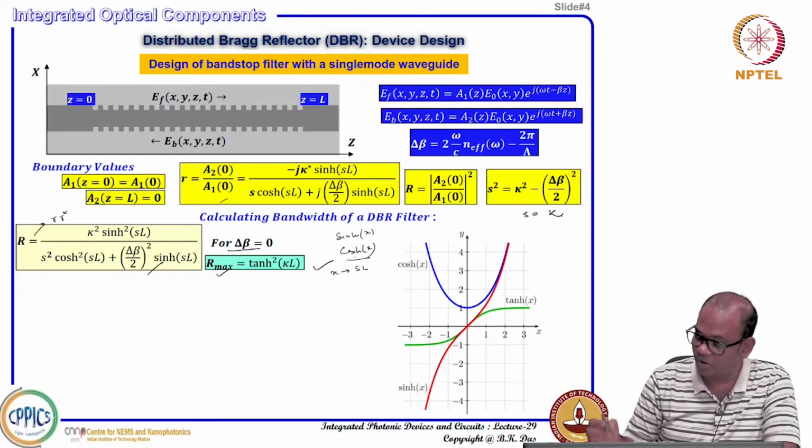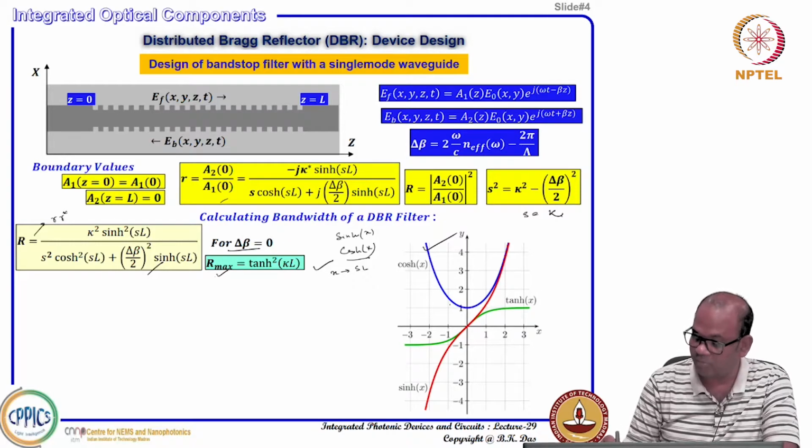If you plot the sine hyperbolic and cos hyperbolic functions, this blue curve is cosine hyperbolic. Cosine hyperbolic x is minimum, equal to 1, when x equals 0. But in case of sine, you have to follow the red one.